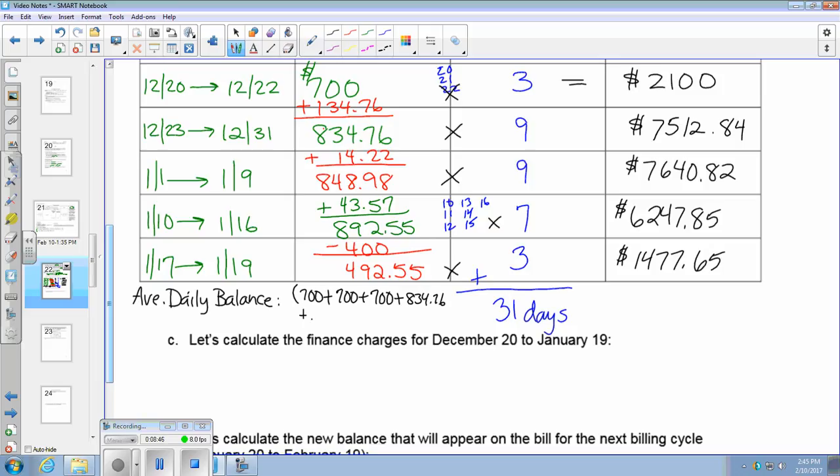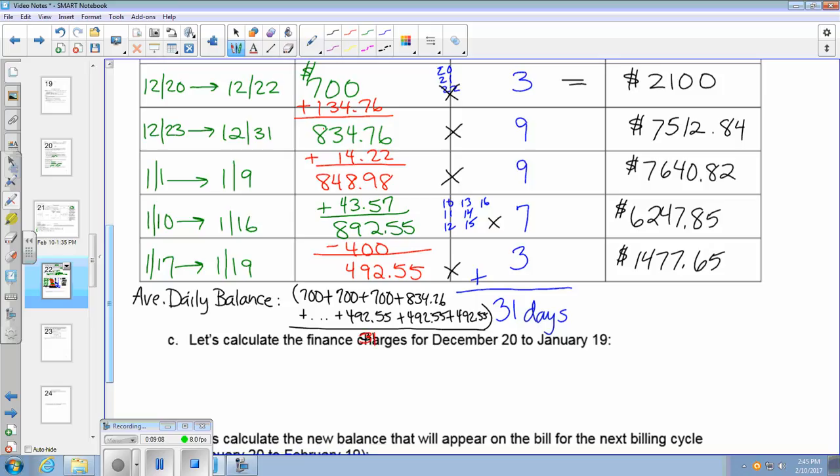And instead of writing out all 31, I'm just going to jump ahead and say those last 3 days, we had $492.55 as our balance. So we'd include that 3 times when we're adding up all these balances. And then we would divide that by the 31 days.